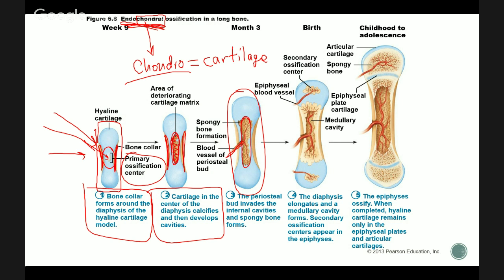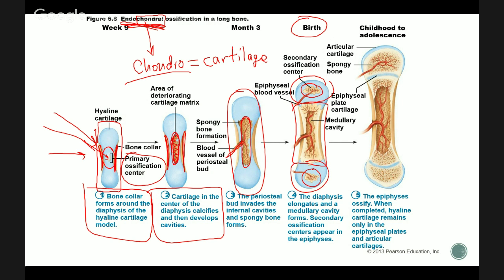By the time we get to around birth, we see bones that are primarily bony in the diaphysis, but primarily cartilaginous on the epiphyses. But you can see here, boom, a nice little secondary ossification center starts to form.